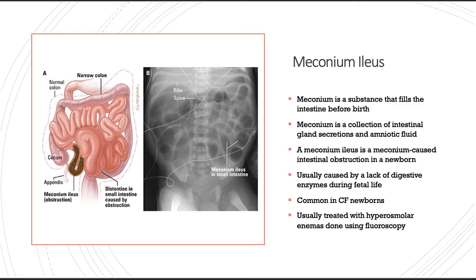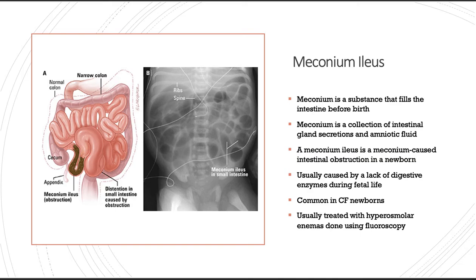It doesn't move through the intestines in the correct way. Okay. And so what we generally do is give them enemas to get it to pass. And then we move on to determine what's going on that caused it.